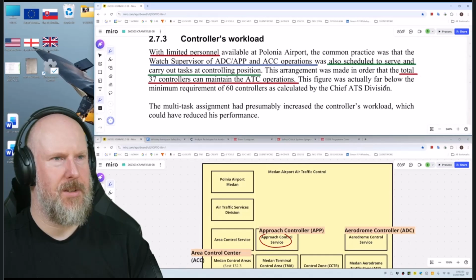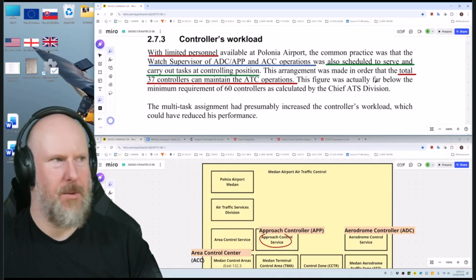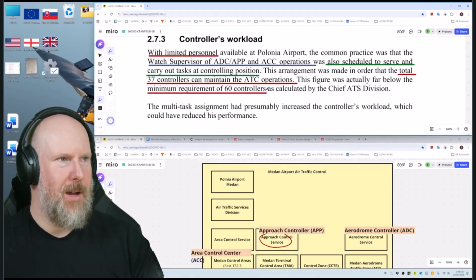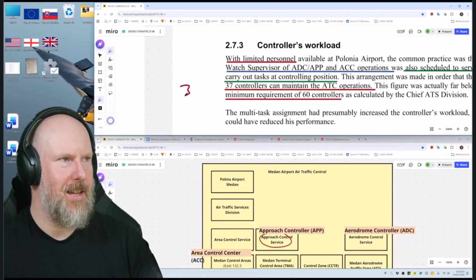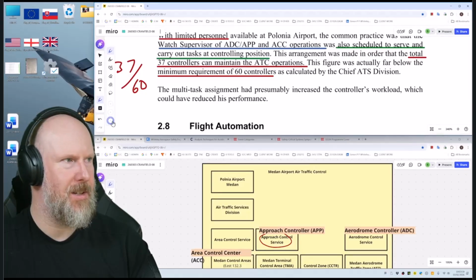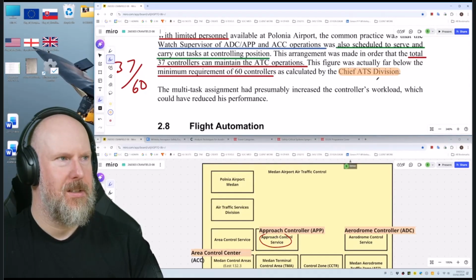This figure was actually, yeah, I was about to say that. I'm sure it's below the actual minimum. Yeah, there it is. Far below the minimum requirement of 60. So 37 versus 60. As calculated by the Chief ATS Division, whoever that is. I don't know who that is.